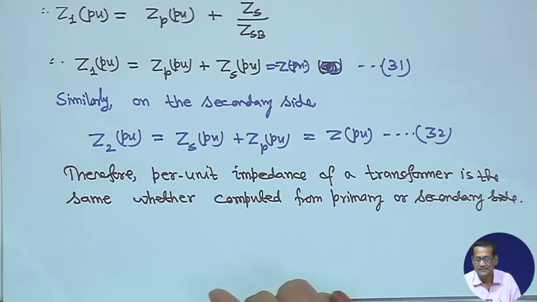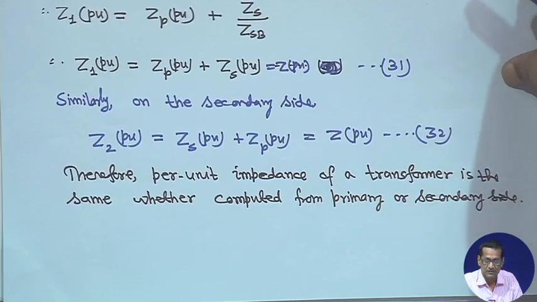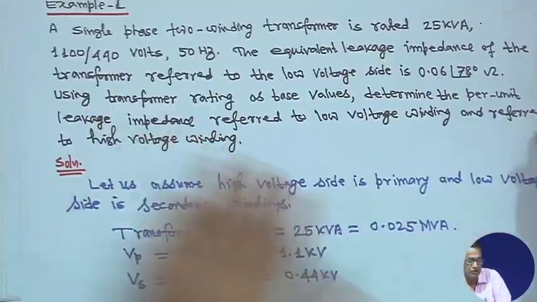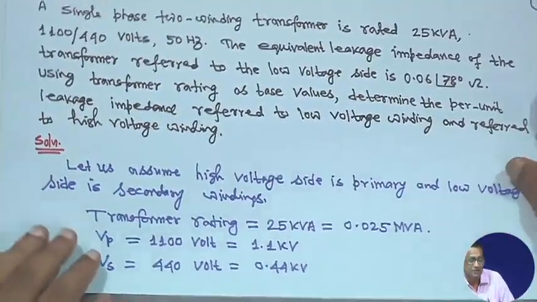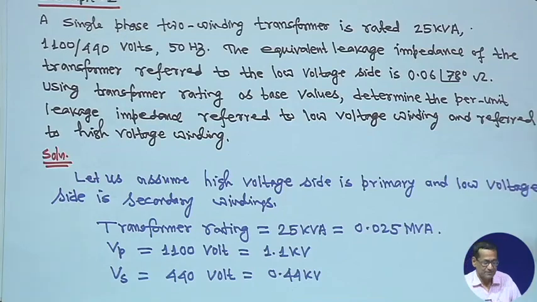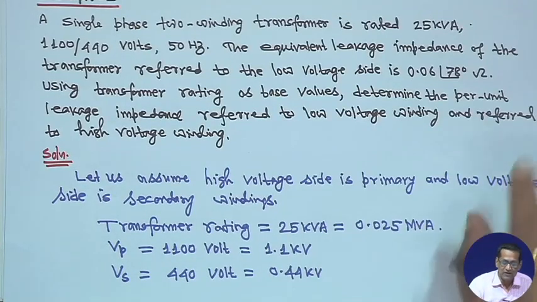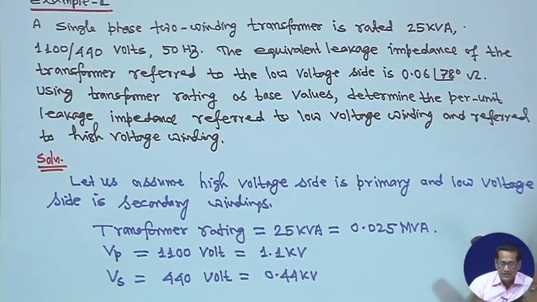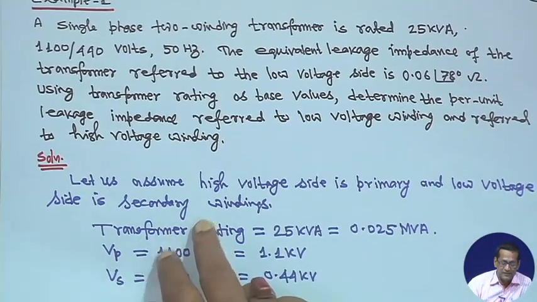So, after this we will take a few good examples, and then we will come to the methods of voltage control, different things will come. First, generally, this per unit transformation and these numericals, many things you have to understand. Whatever little bit of theory we have seen, that is fine.